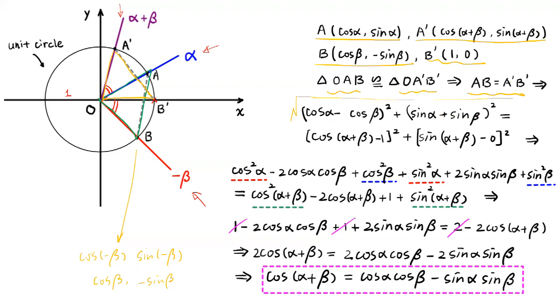And also A prime B prime is the square root of the difference of x coordinates and then the difference of the y coordinates, which is (cosine of alpha plus beta minus 1) squared plus (sine of alpha plus beta minus 0) squared, right? And then find its square root.